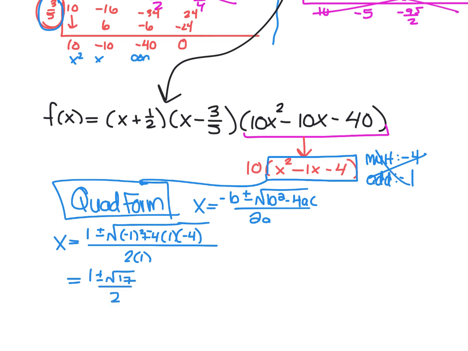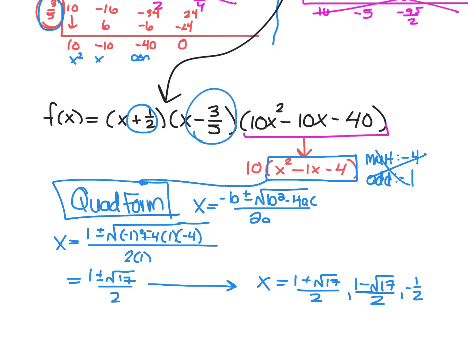So what we actually find here are two additional solutions here. We find that x is equal to 1 plus the square root of 17 over 2. We find that x is equal to 1 minus the square root of 17 over 2. So those are two possibilities. And then we have the -1/2 and the positive 3/5.